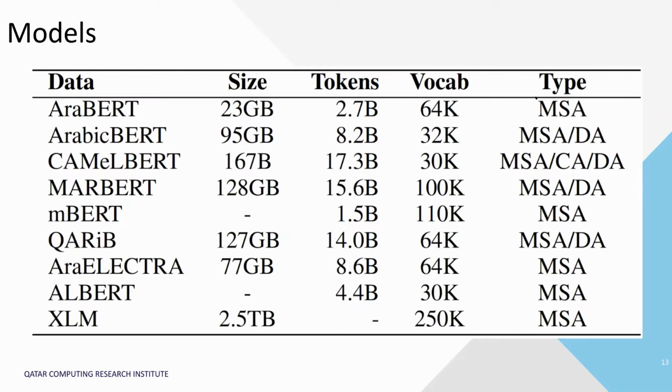As you can see, the size of the data used for training varies widely, from a couple of billion tokens to trillions in the case of XLM. The same goes for the vocabularies, which vary from 32K or 30K for CAMeLBERT to almost 250K.